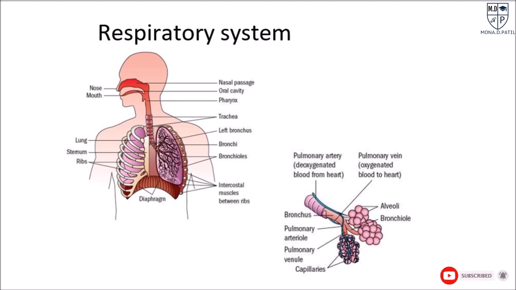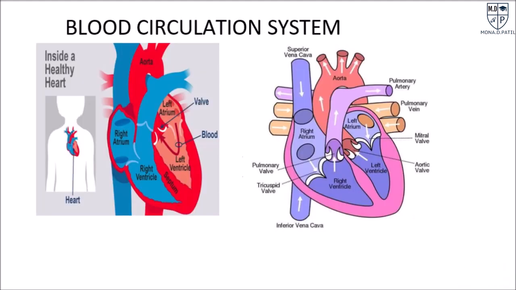Then the blood circulatory system. The blood circulatory system performs the function of transport of various substances. Which substances are transported here? Water, hormones, oxygen, soluble nutrients, and waste material through the different organs.